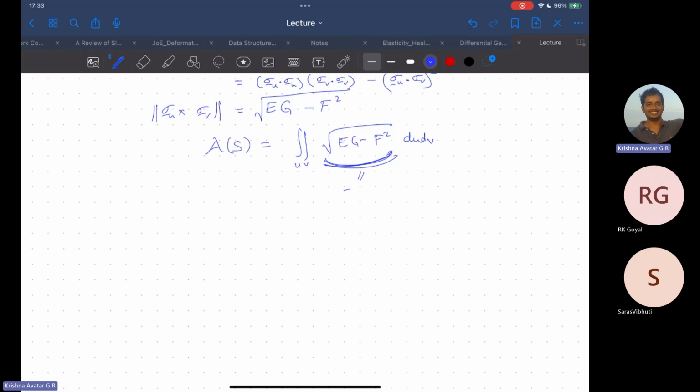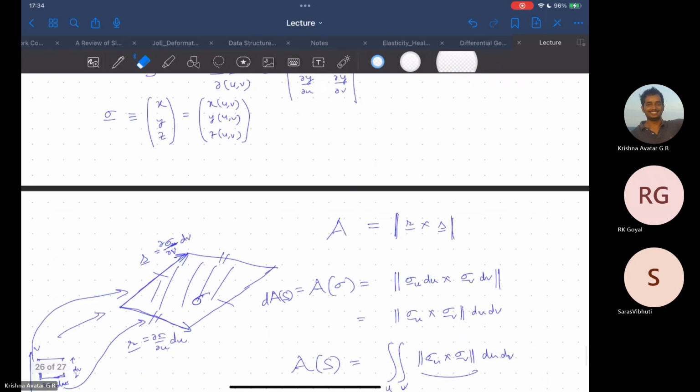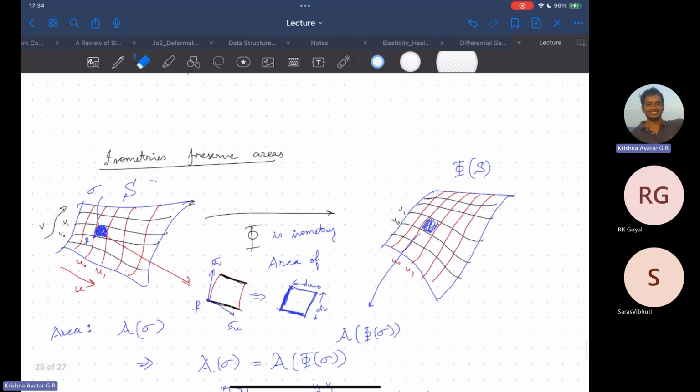Ultimately, the Jacobian determines the measure of area. So for example, let's go back to the previous figure. We know that this surface was also obtained by some sort of a σ vector from this parametric space, right?